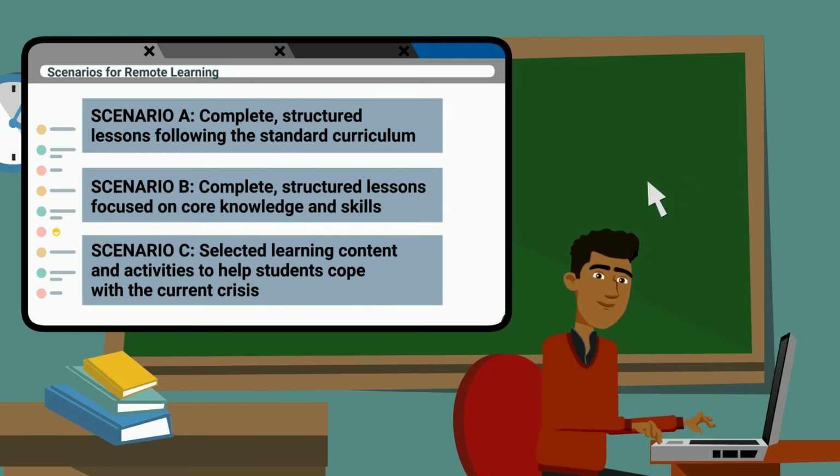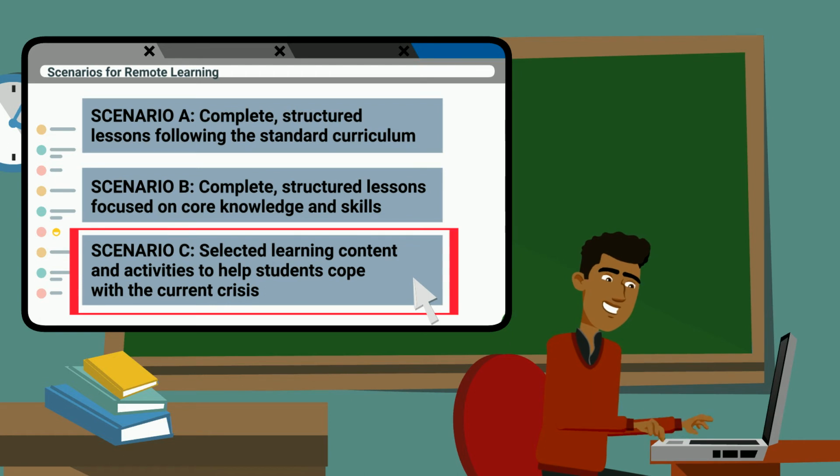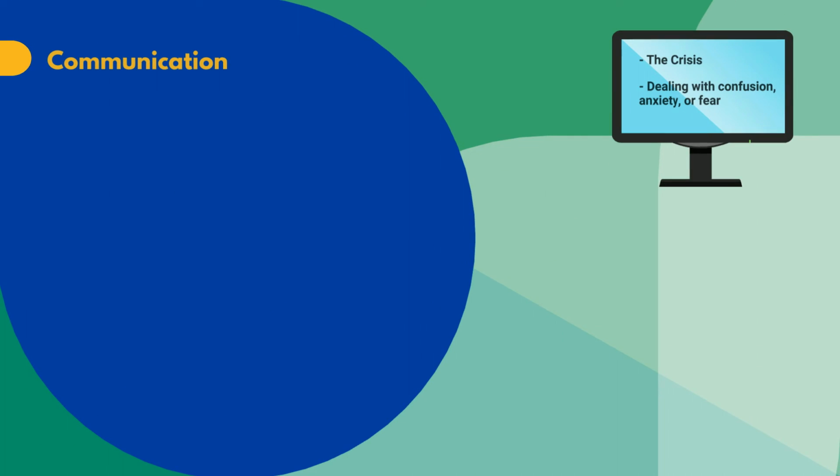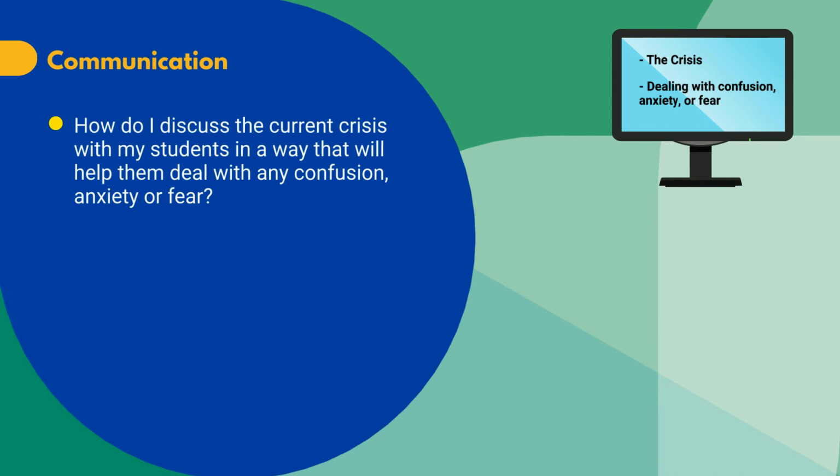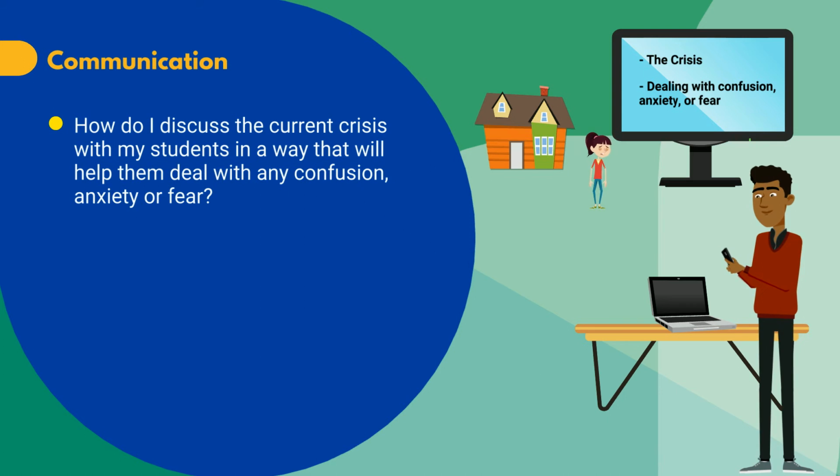Now, if you're doing Scenario C, then your primary objective is to support your students through the current crisis. Communication. How do I discuss the current crisis with my students in a way that will help them deal with confusion, anxiety, or fear?